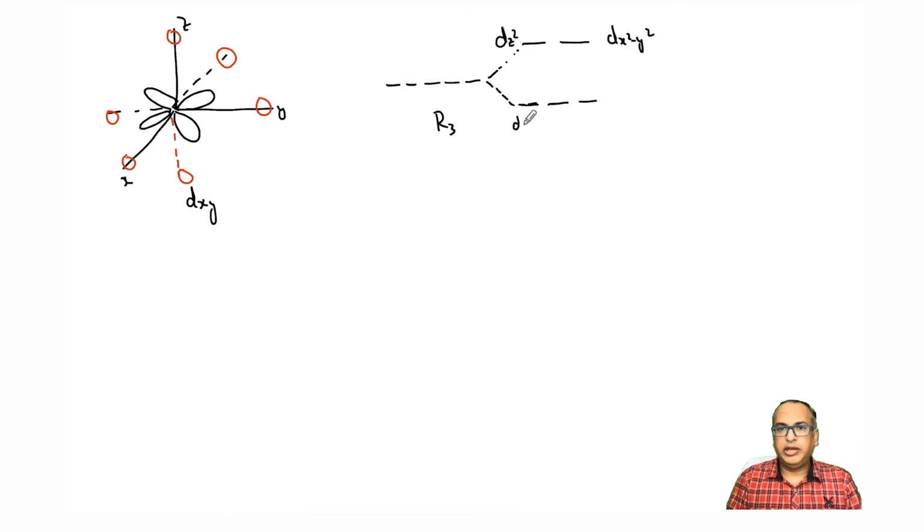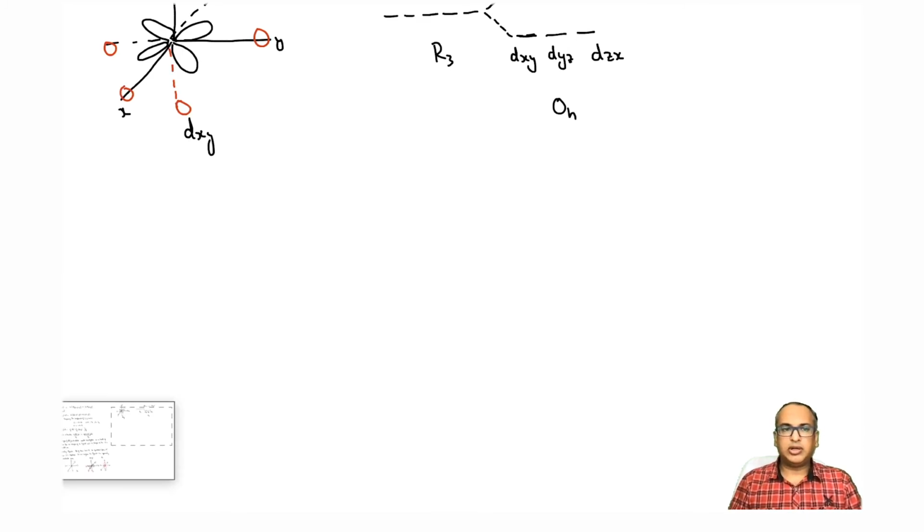So you have dxy, dyz, dzx. Now this happens when it is octahedral. Now similarly, you can also think of the tetrahedral case where this order gets reversed.